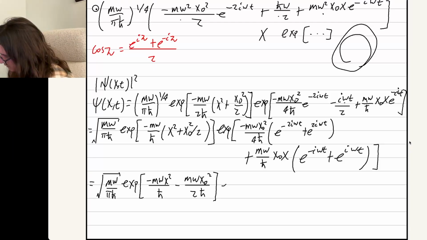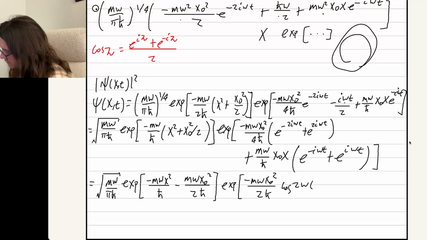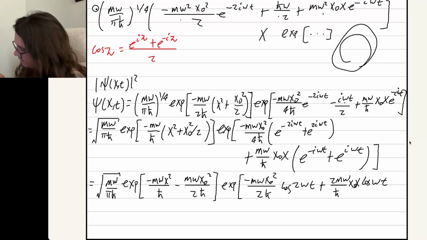And then in the other exponent, now I have minus m omega x naught squared. Multiply it by 2 to change it into the cosine of 2 omega t, and then multiply this by 2 as well to get cosine omega t. There's an x here. Cool.